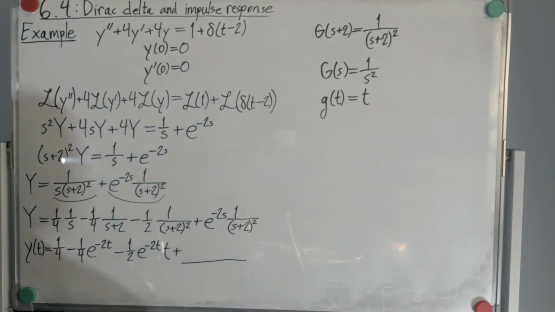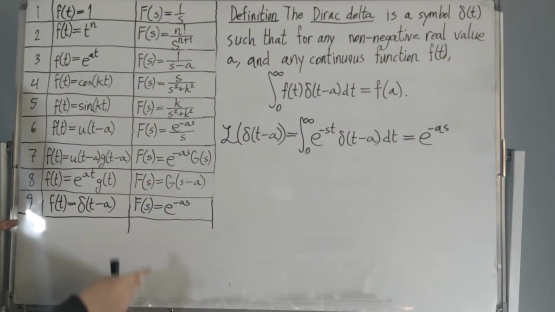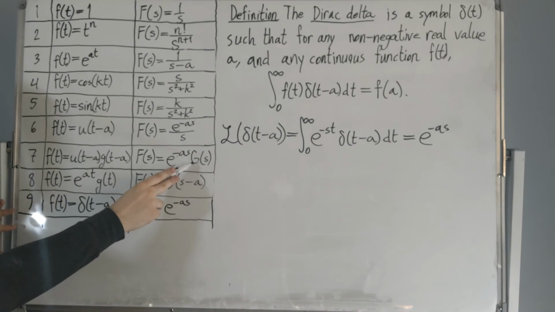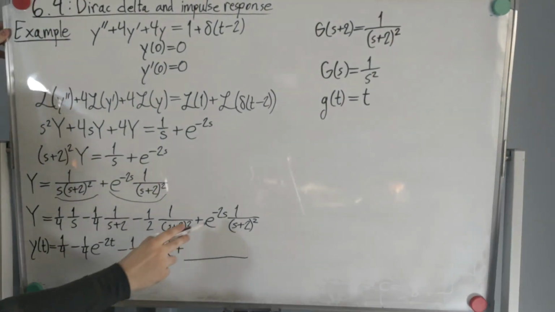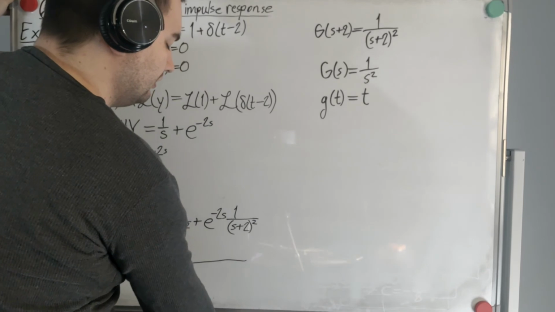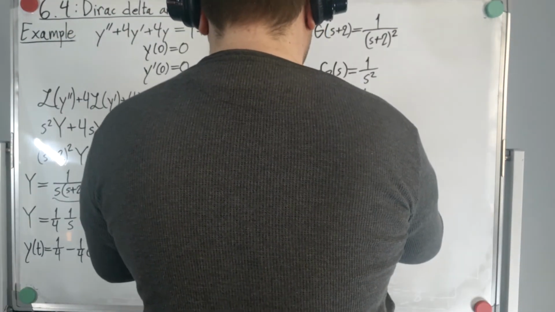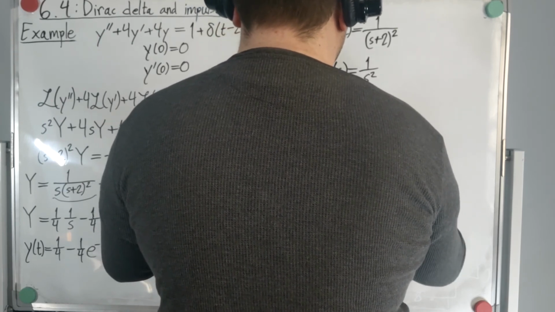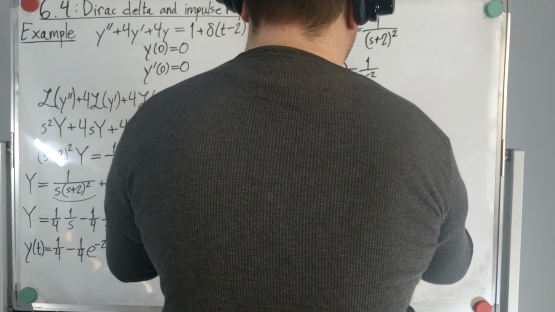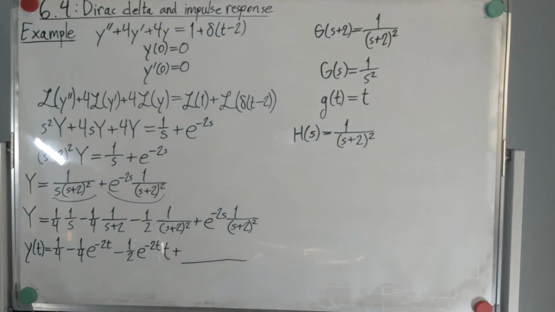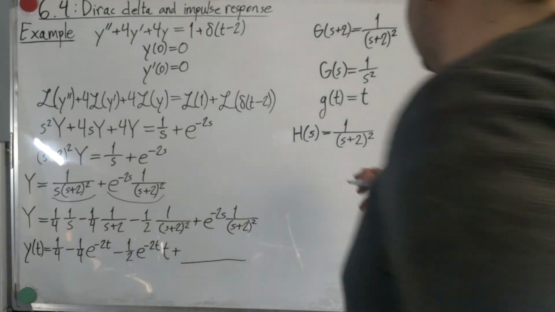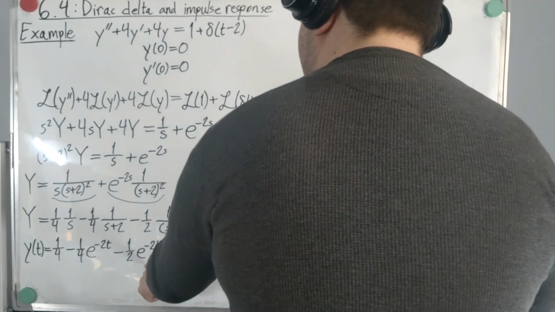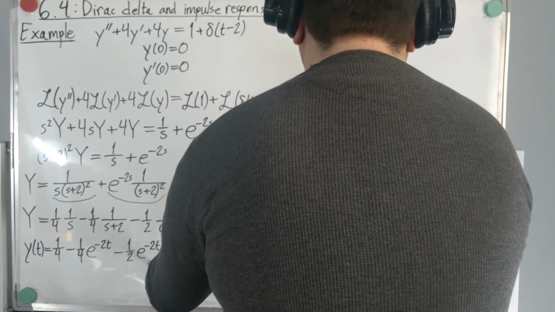In order to figure out that something, we're going to have to use rule 7. So this time, because I'm using g for something else, I'm going to call it H of s. H of s is going to be 1 over s plus 2 squared. And we actually already figured out the inverse Laplace transform of that. Lowercase h of t is apparently t e to the negative 2t.